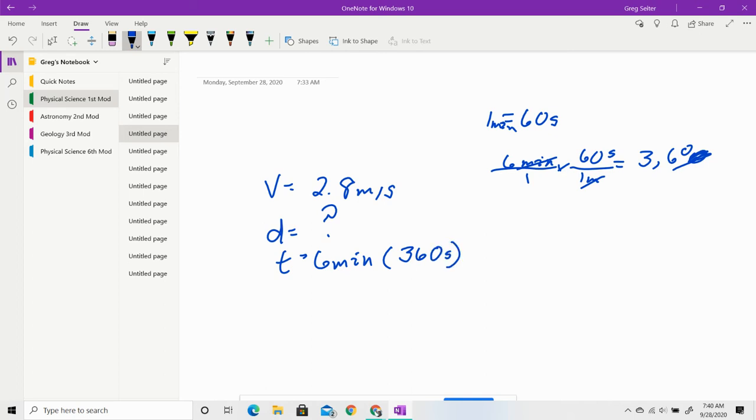Now, D equals V times T, or D equals 2.8 meters a second times 360 seconds. That'll be my distance in meters. These will cancel out. So my answer will be in meters.